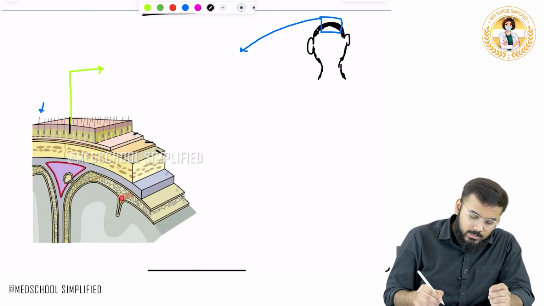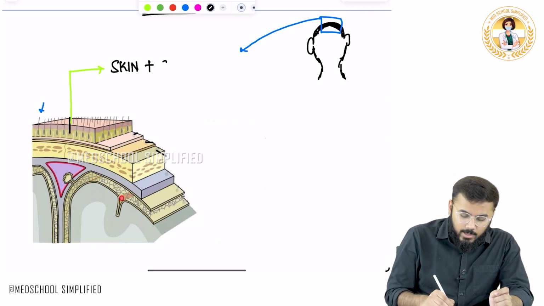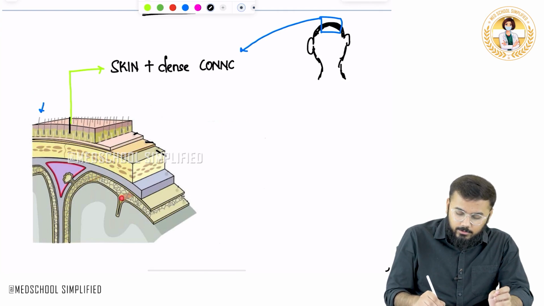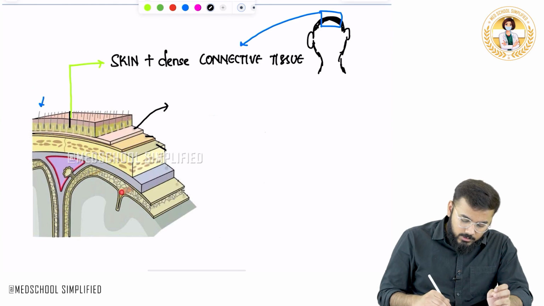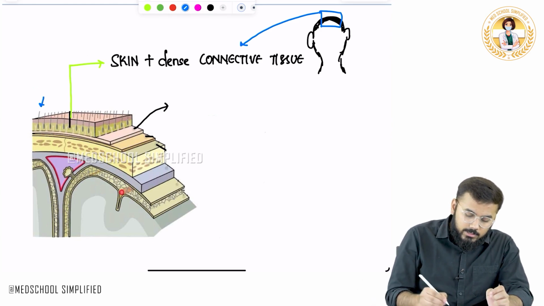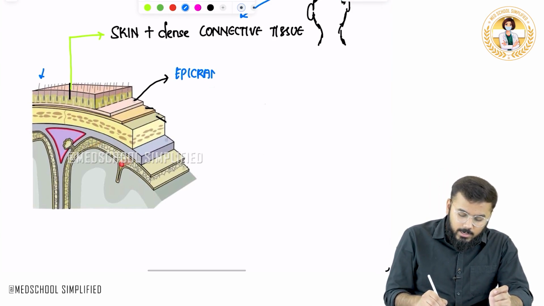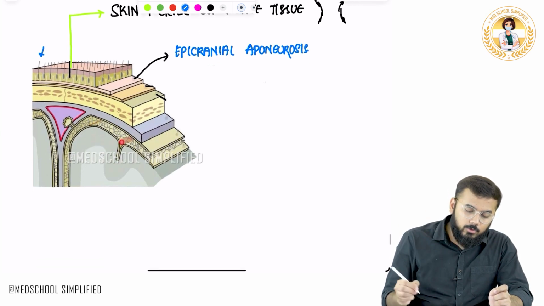First important thing is that the outermost layer, whatever you can see, contains skin plus connective tissue. What kind of connective tissue? It has dense connective tissue. Next, after that, you see the next layer over here, right? This second layer is called aponeurosis, also called epicranial aponeurosis.